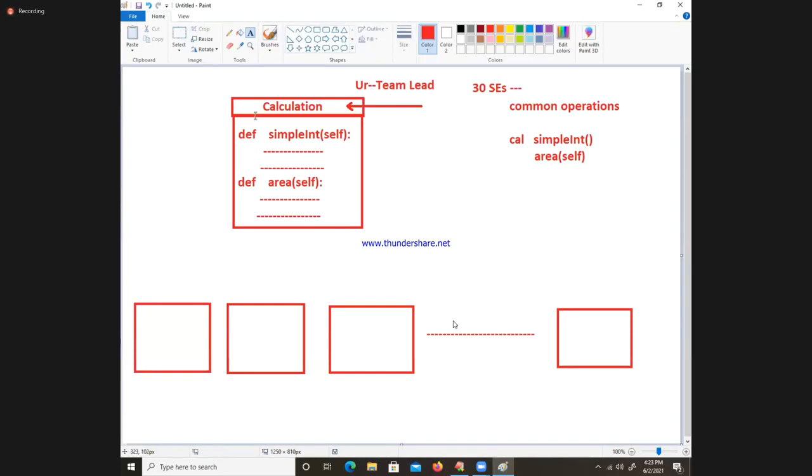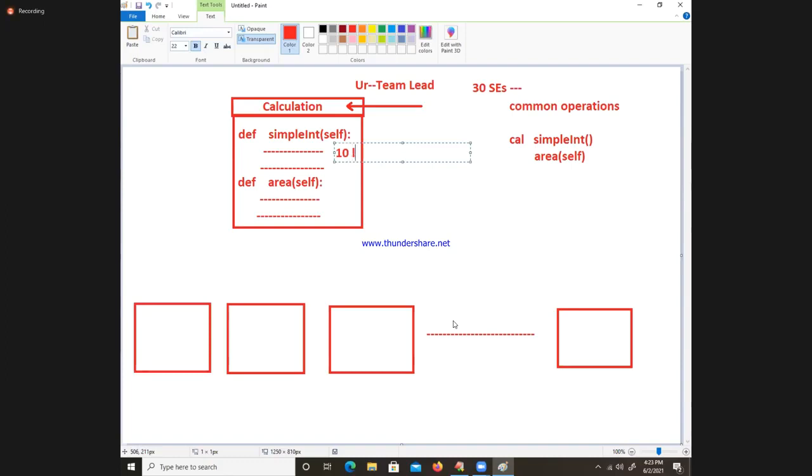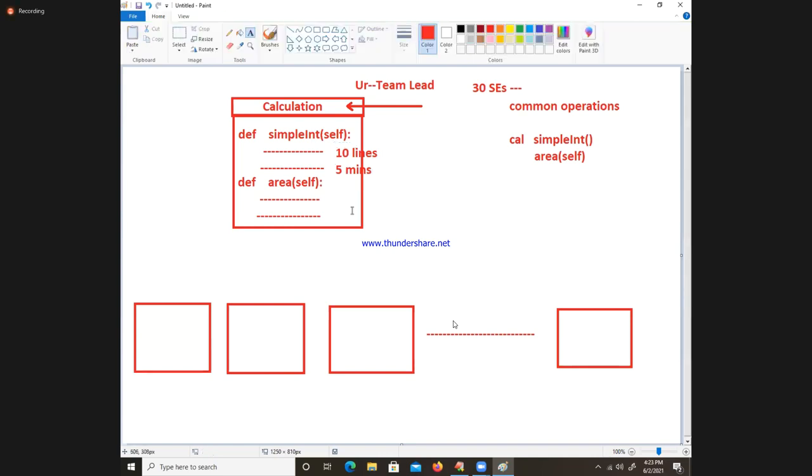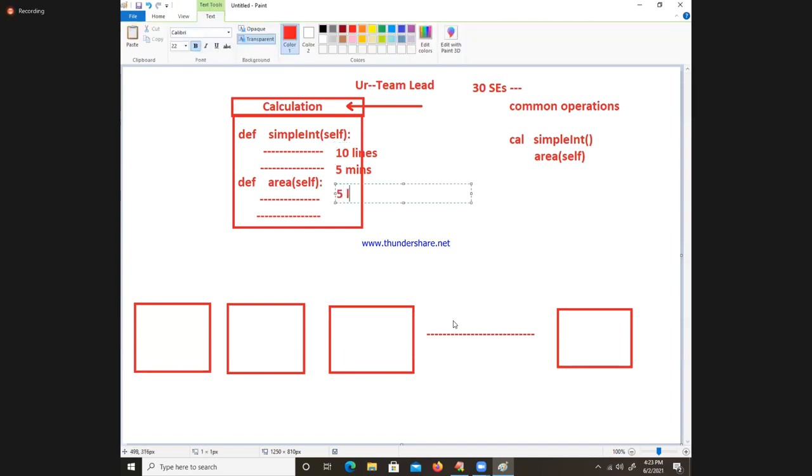Then you already defined the calculations. You defined the simple interest function, and this one too. 10 lines of code, for example, which took you 5 minutes, and 5 lines of code which took 2 minutes.